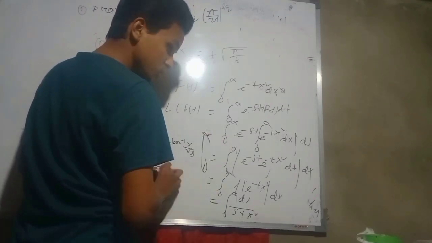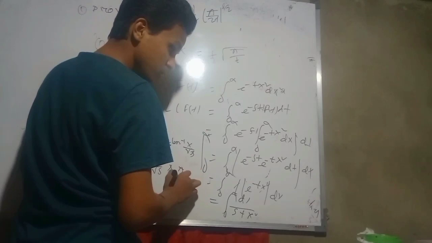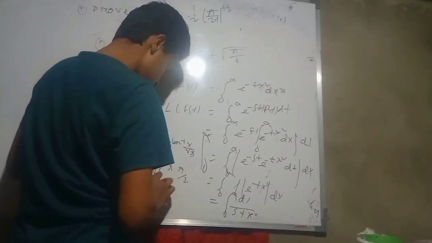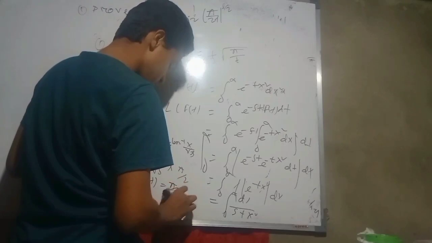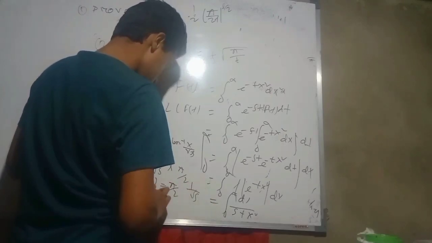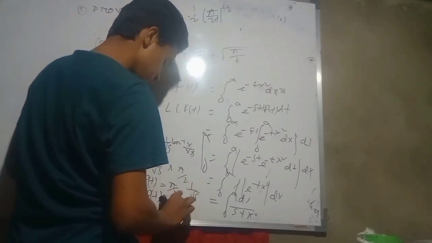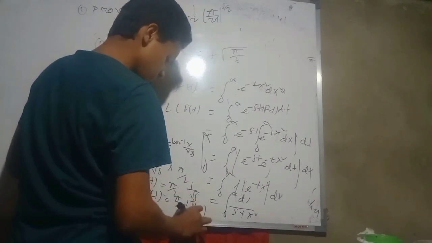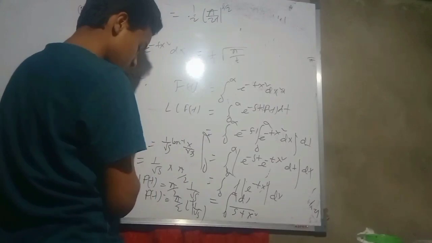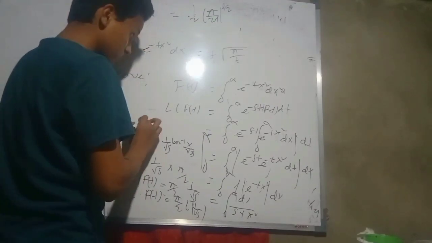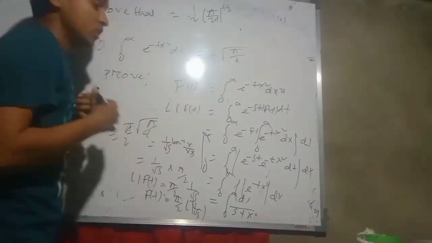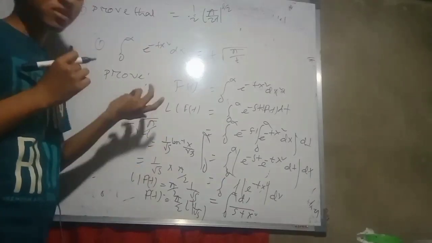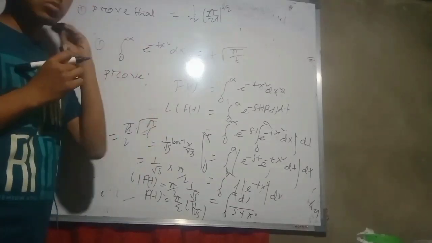Putting the value, we get pi by 2 upon root s. So the Laplace transform of f of t is pi by 2 upon 1 by root s. So f of t will be the inverse Laplace transform. That gives us our result, pi by 2 upon pi by 2. That is the way you can prove it. I already proved it in front of you, so I think you get the concept behind it.